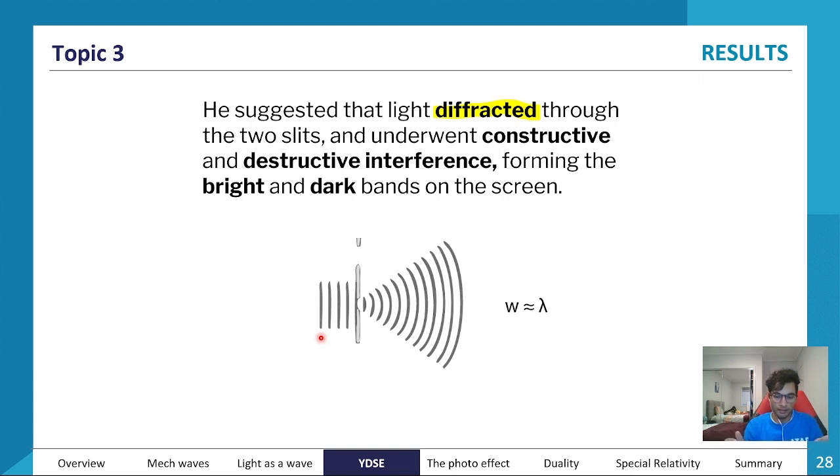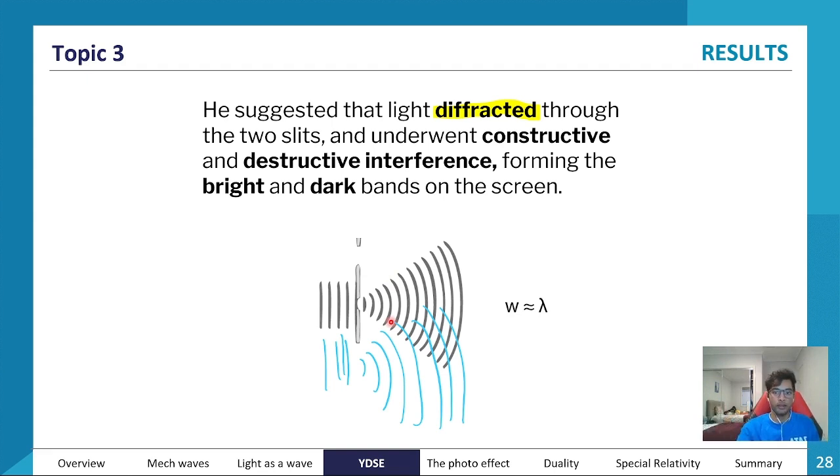If you combine the two, this is what we see with a single slit. If you were to do a double slit, you can imagine this duplicated down here. If this is the same wave, you're going to get this, because again, it's a double slit experiment. There are two points of diffraction.